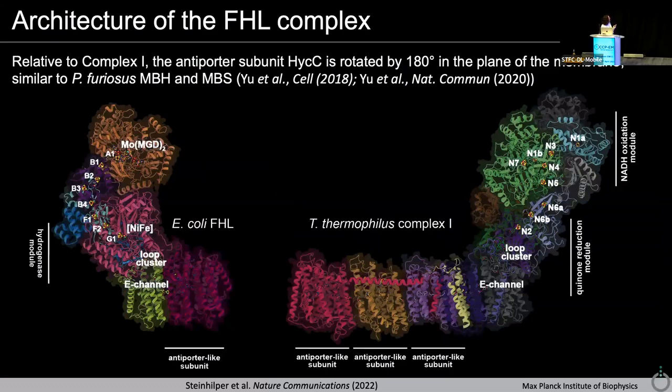What's really interesting is that if you align the complexes on the basis of the antiporter-like subunit, the whole rest of the complex has actually shifted around to the other side of the antiporter-like subunit. If you want to put it another way, you have a 180-degree rotation in the plane of the membrane of the antiporter-like subunit. And so this suggests to us that there's an extremely simple coupling mechanism if it's able to be preserved through that 180-degree rotation.